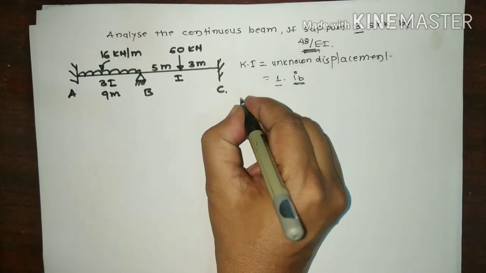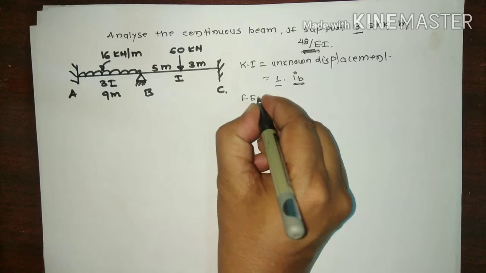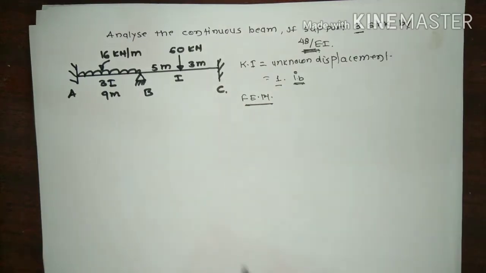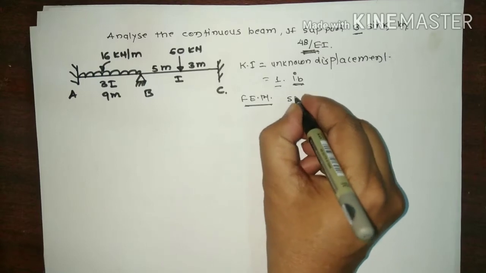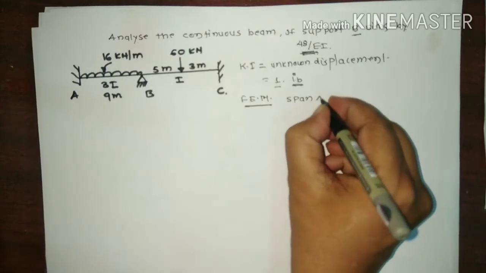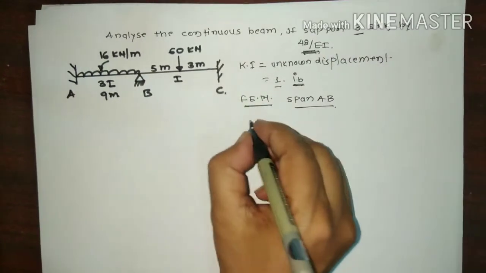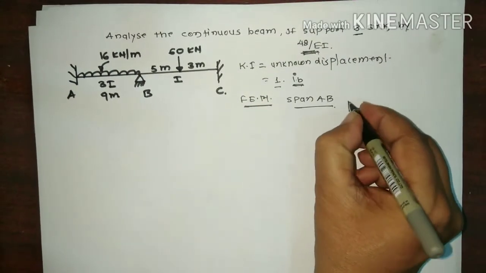Now the next step is the fixed end moments, which we call FEM. So take span-wise, the span AB. Here the span AB, we now consider as fixed.